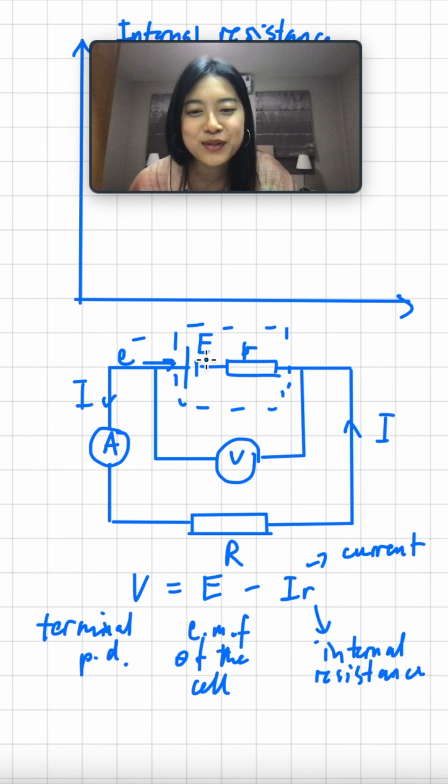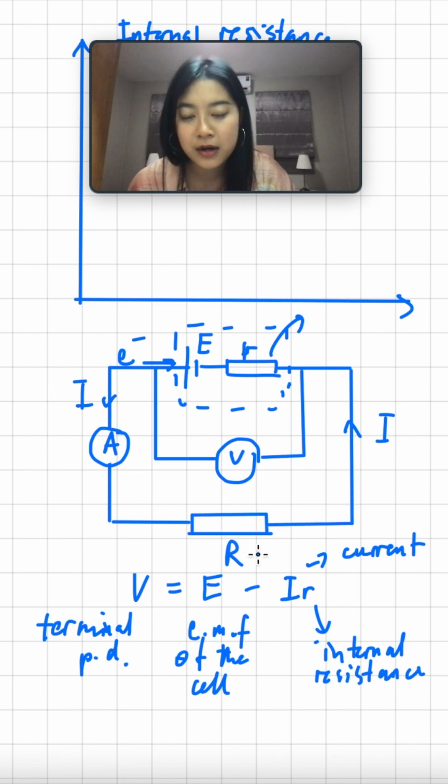So an electron goes around, and when it goes through this internal resistance, it gives off a bit of energy, and then it continues going around this circuit, and when it gets to this part, it gives off another, larger bit of energy, basically. That's kind of the idea.